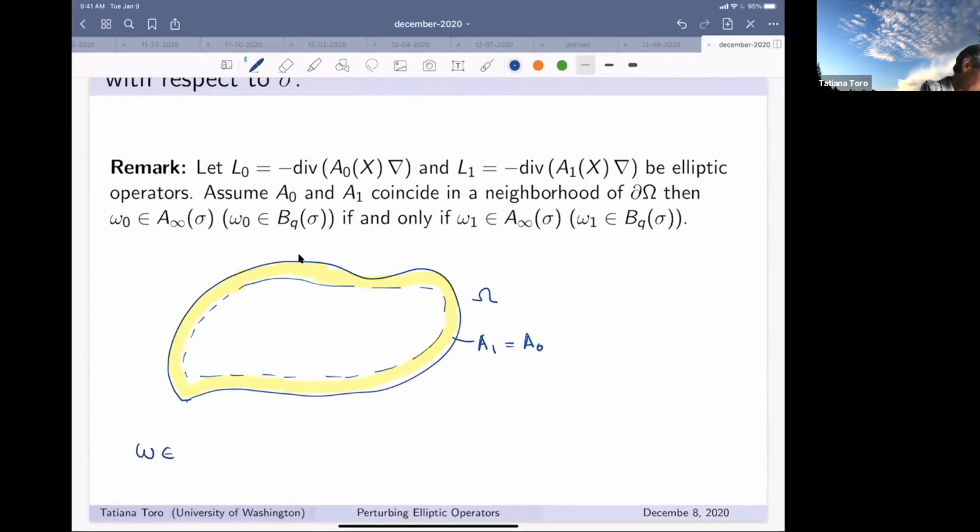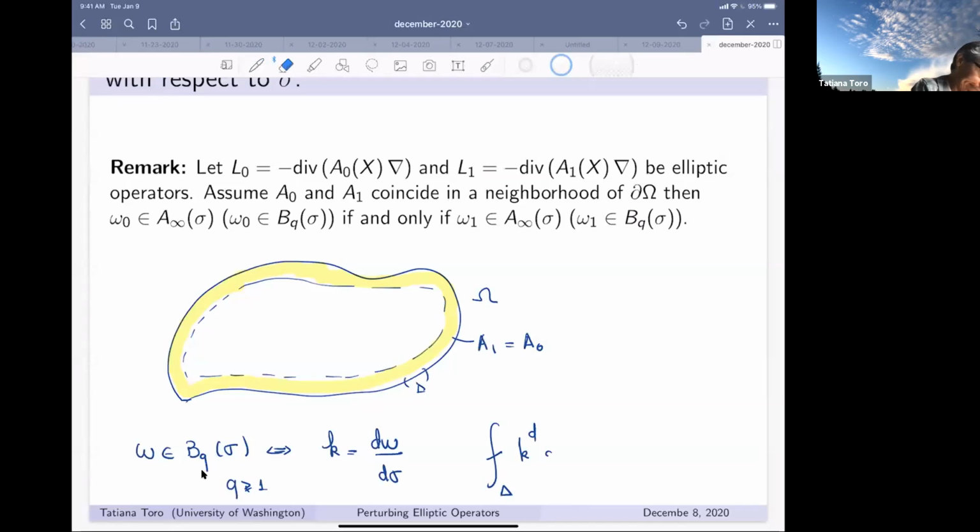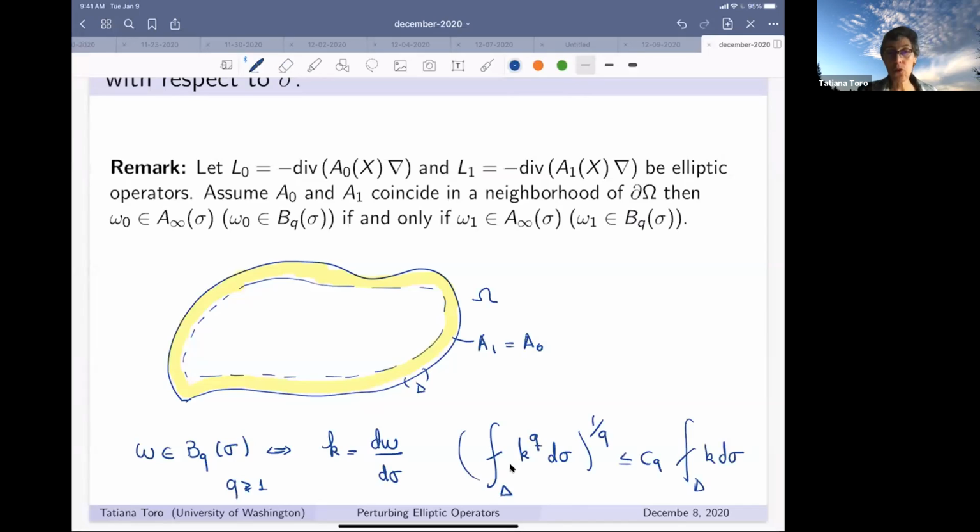We say that omega is a B_q weight with respect to sigma if and only if, calling k the Radon-Nikodym derivative, and remember that being A infinity means you are mutually absolutely continuous, a reverse Holder inequality holds, with q bigger than 1: the L^q average of k with respect to sigma over every surface ball delta is bounded by a constant that depends on q.